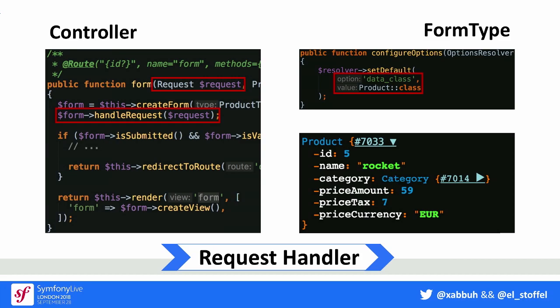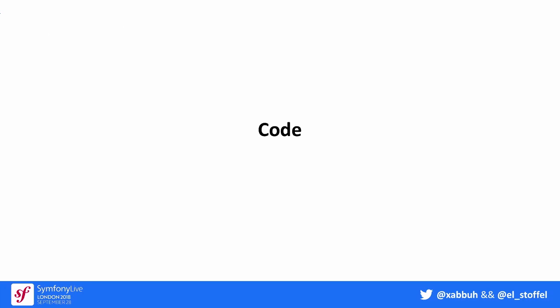And this is the final result based on the incoming data submitted by the user. It's quite complex what's happening behind the scenes, but nothing that we have to worry about because the form component is dealing with all the hard stuff for us. We just have to write a little bit of code.